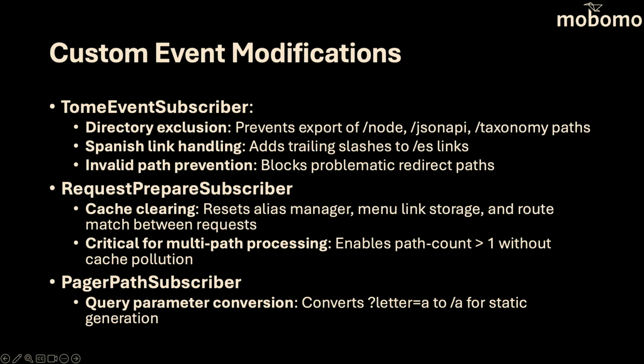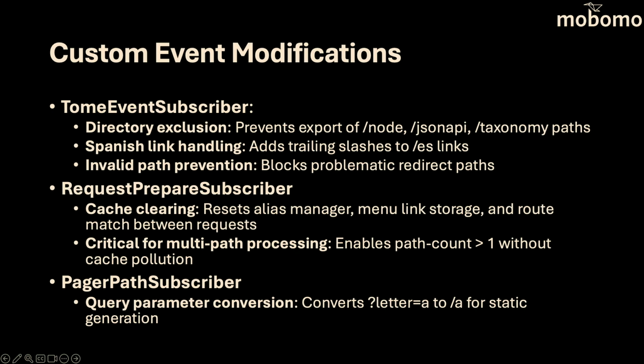So to sum up some of the things that we ultimately did in addition to what Tome is, and these are labeled for your benefit in terms of the class that we operated on, so that if in the future you run into issues trying to use it, you have a reference to go from. We went in and excluded some particular paths, like /node, /JSON API, /taxonomy.